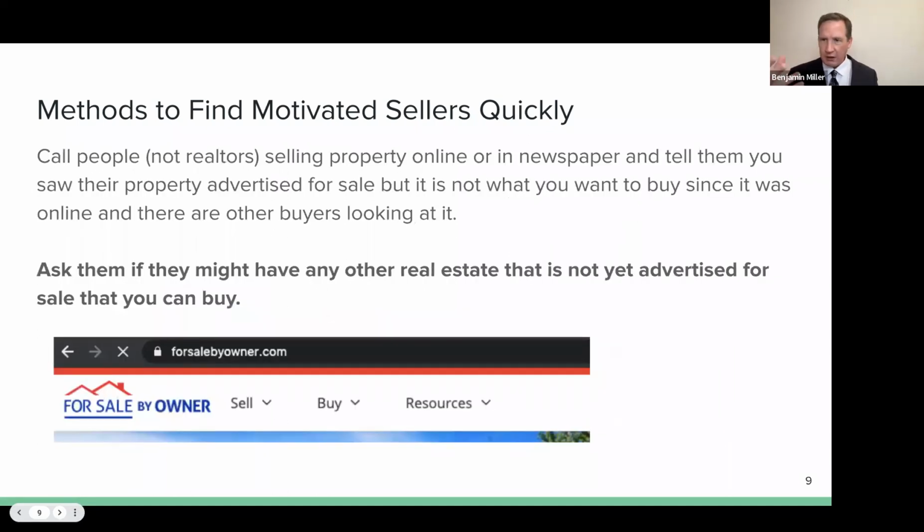Another thing that you can do is you can contact people that have a property for sale by owner and they're advertising it. And you can say, I see you have a property for sale. I'm not interested. I don't want that property, but I wanted to ask you, do you have any other properties that you're thinking about selling that you're not advertising for sale now?